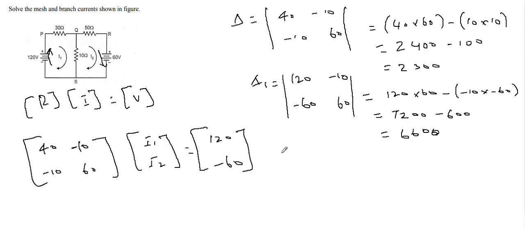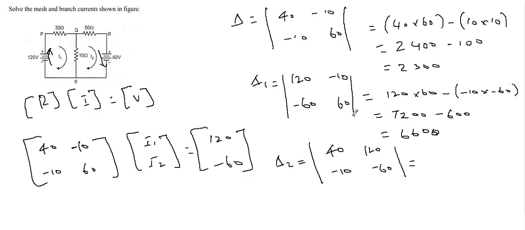And next we'll find the value for del 2. So replace the voltage in the second column. So 40, minus 10, 120, minus 60.